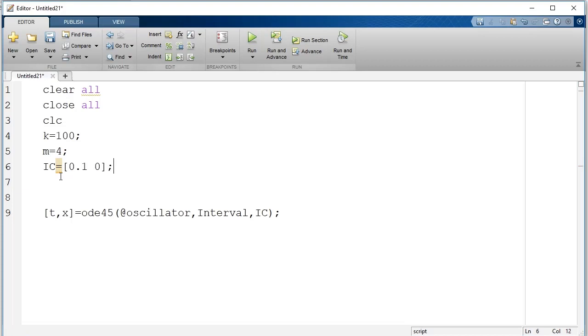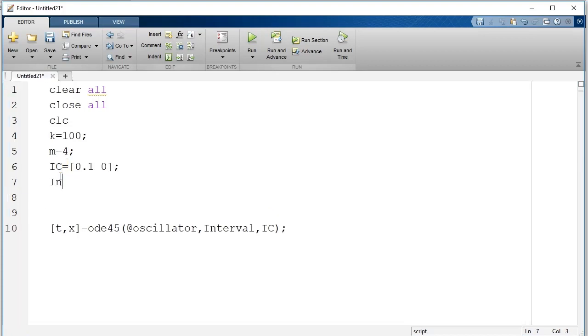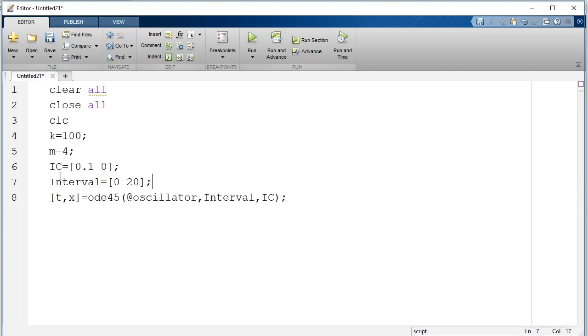So that's the initial velocity. For interval, let's solve this for 0 to 20 seconds. We can change that later on, for example. So 0 to 20 seconds. So these are the initial conditions and interval.